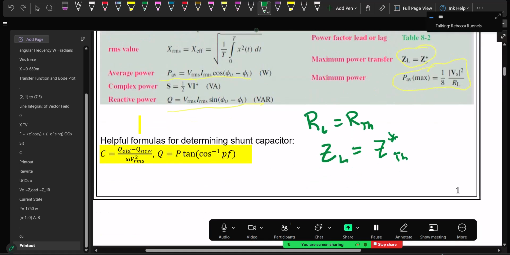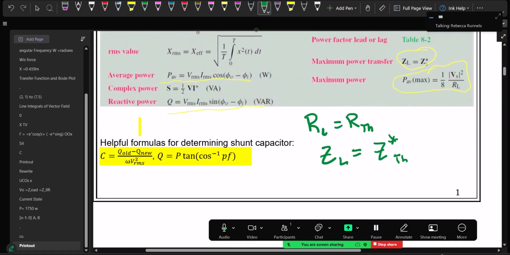So if you take Q old minus Q new over omega times the RMS voltage squared, that's the shunt capacitor that you want. And Q equals the power times the tangent of the inverse cosine of the power factor.